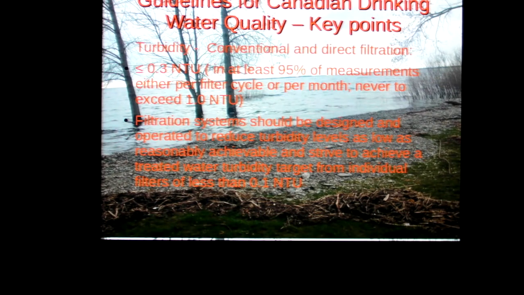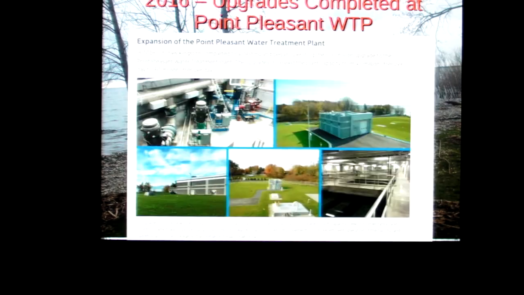Filtration systems should be designed and operated to reduce turbidity levels as low as reasonably achievable and strive to achieve a treated water turbidity target from individual filters of less than 0.1 NTU. So the goal should be to actually have the filters running at 0.1 NTU or less all the time, especially for a new plant. If it's a new plant, it should meet the target goal that the ministry or the federal government desires.